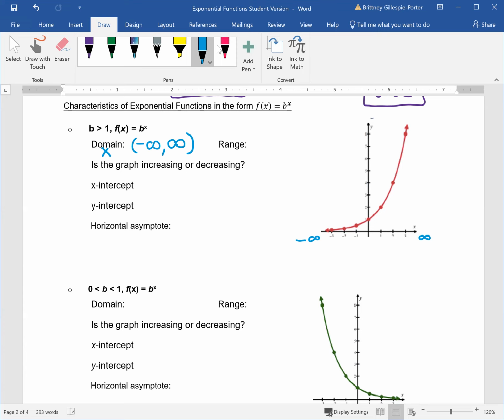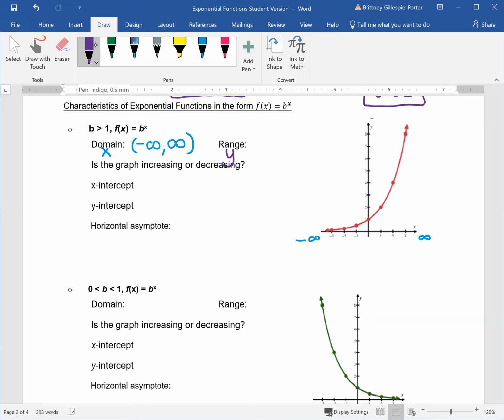Our range is our y values. And remember, we're going smallest to largest. Right now, if we're looking at our y values starting low, there's nothing down below.